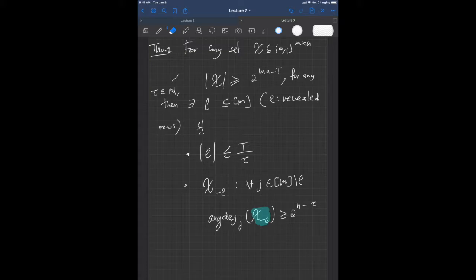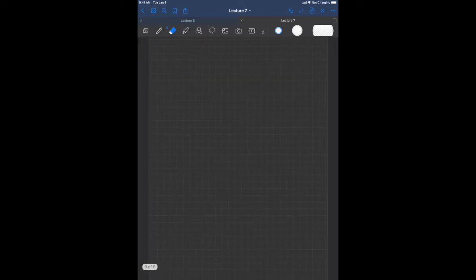Okay, if not, let's prove this theorem. So how are we going to do this? We will do a kind of pruning algorithm. We'll prune the set of matrices until there are no revealed rows, and then we stop.